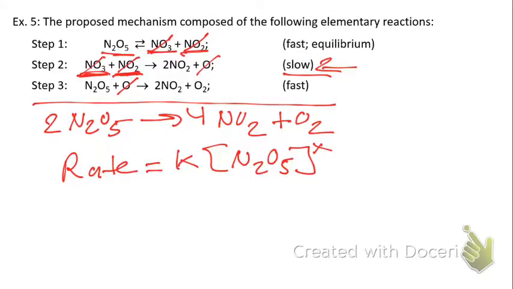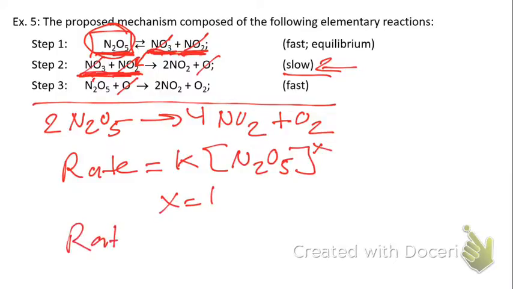So therefore, we really have to understand that N2O5 is the dominating factor that's going to determine the rate here, because N2O5 breaks down to form these two products, which are then used in our next step. They need to react. All right, so these two will not react in the second step until we make them in the first step. So therefore, it's all dependent on N2O5. So N2O5, because there's only one of them, tells us that X is 1.